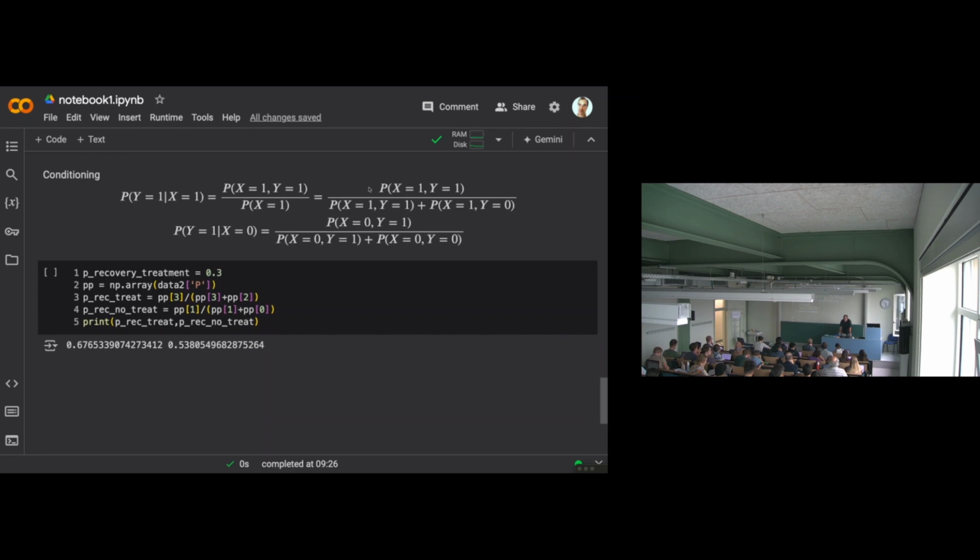And then this is conditioning, so I'm doing it really by hand. I'm extracting these 4 numbers, the joint probability for X and Y, and I'm computing the probability for recovery, this one, recovery given treatment, and recovery given not treatment.